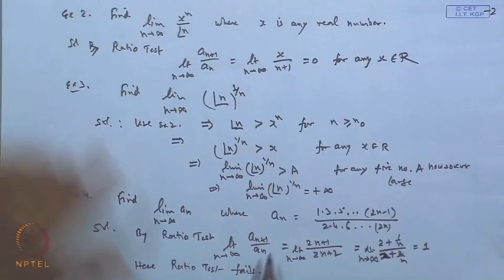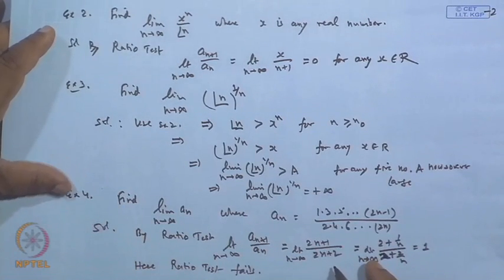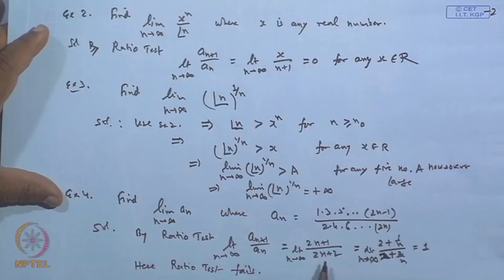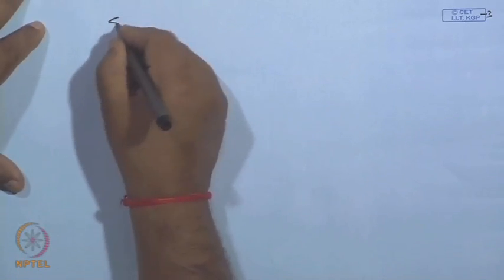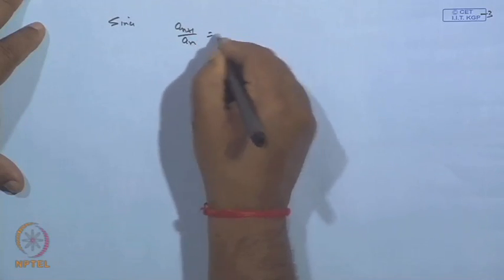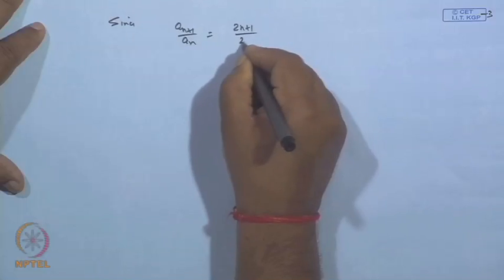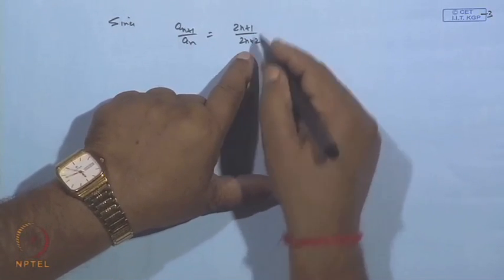Here, a n plus 1 over a n comes out to be 2n plus 1 over 2n plus 2, which is less than 1, since the denominator is higher than the numerator.